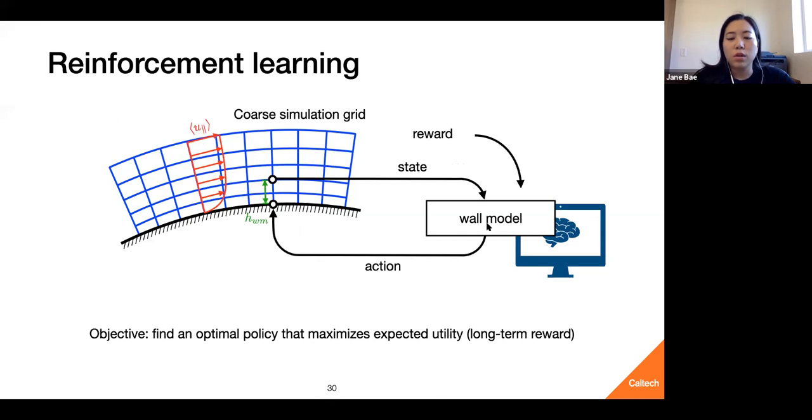The wall model is our agent, and the information that we're taking from the simulation to the wall model are our states. Our rewards are also calculated using some information from the simulation. And then the wall model, or the agent, spits back an action that can be applied as the wall shear stress. In reinforcement learning, the objective is to find an optimal policy that maximizes the expected utility or long-term reward. So that's what we are going to try to do.